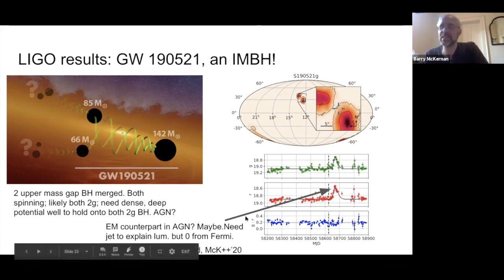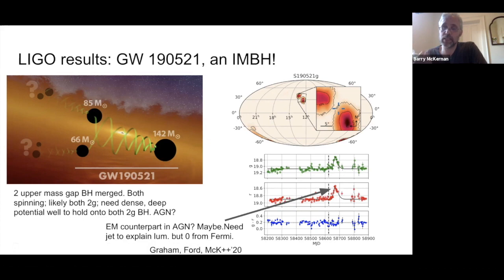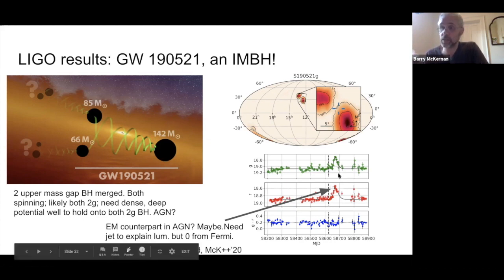If you want to explain the luminosity of this flare, because the host AGN is pretty bright, you need something like a jet associated with this merger, a very high mass accretion rate and a jet, in order to explain the luminosity of what we see. Fermi did not see any high energy photons associated with this event.